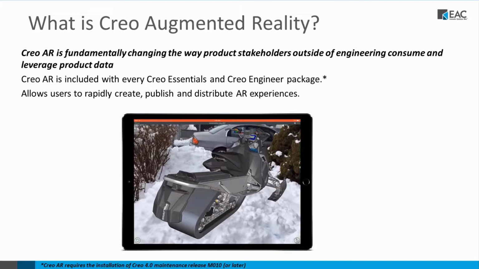But the key component, if you don't take anything away from this webinar except one piece of information, is that Creo Augmented Reality is included with every Creo Essentials and Creo Engineer package. Okay. The caveat there is you have to be using Creo 4.0 release M10 or later. Now there's some specific differences as you go through the releases, but just know to start with augmented reality, Creo 4.0, maintenance release M10 or later.